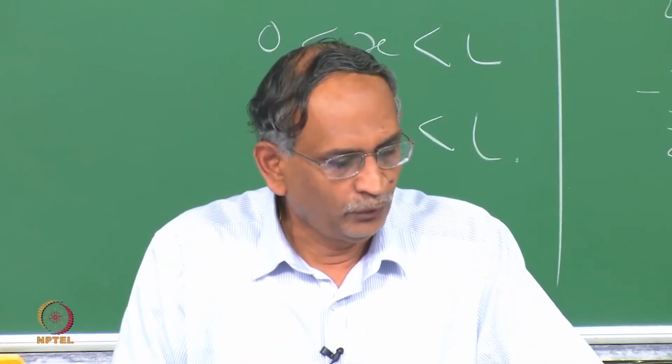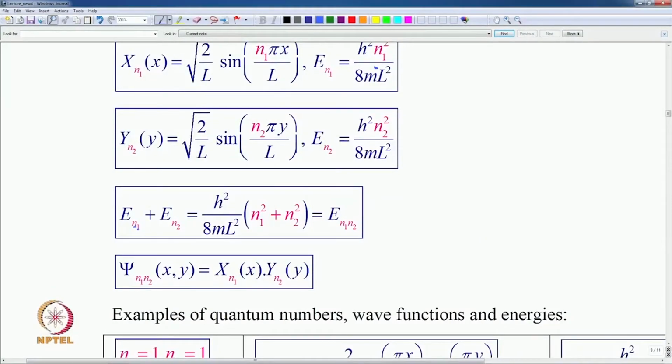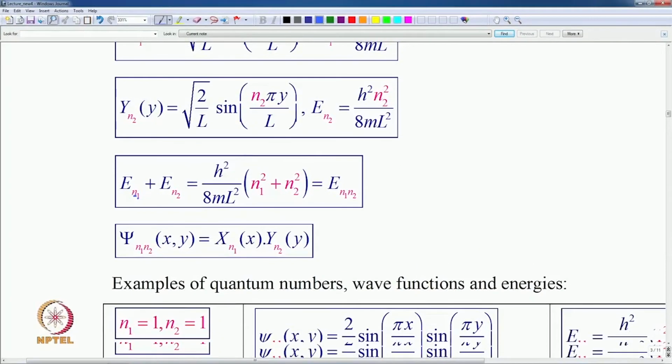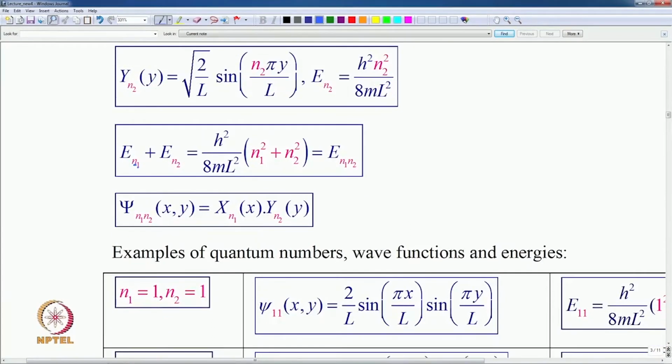Therefore, you see this interesting thing, when we have n1 is 1 and n2 is 1, which is the starting point, what is called the lowest energy for the particle in a two dimensional box, the wave function is given by psi 1 1 x comma y, the product of the two functions that you saw, the x of x and y of y, which gives you sin pi x by L and sin pi y by L.